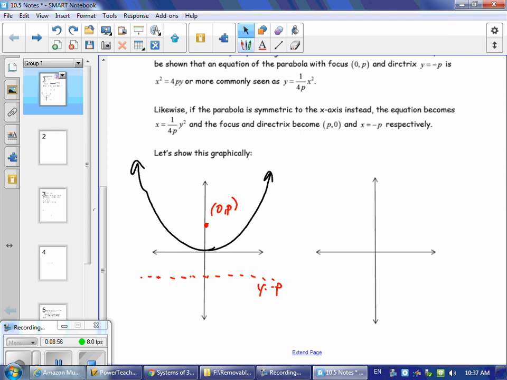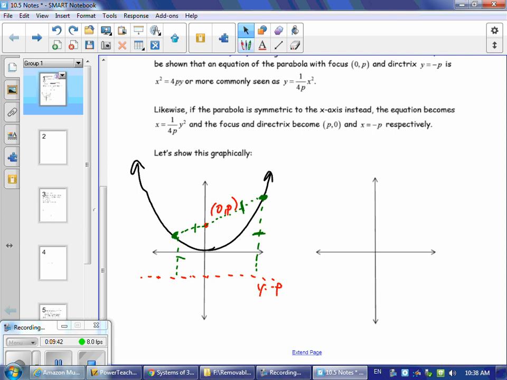And hopefully, if I've done a semi-decent job, and again, this is just a sketch, what you would see is that any point on the parabola, let's pick a point up here, if I were to measure this distance here, and I were to measure this distance here, it's not, but it should be exactly the same. I didn't do an extremely good job with my drawing, but that's the general idea. And any point, this point right here, should measure the same distance.